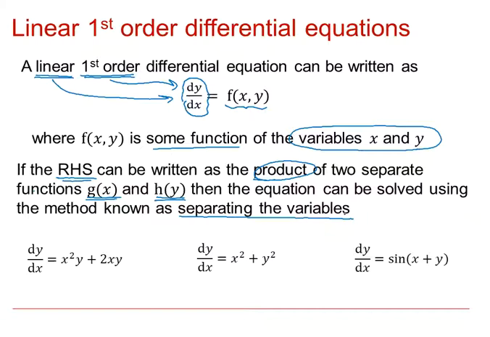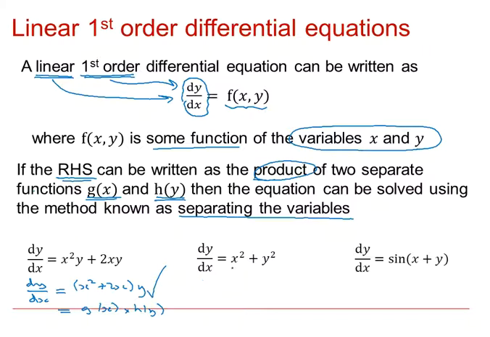So the first thing you've always got to ask yourself is, can we write the right hand side as an appropriate product? If we look at this first case, I can pull y out of the right hand side as a common factor. In other words, I can write the right hand side as a function of x multiplied by a function of y, and therefore I would be able to separate the variables.